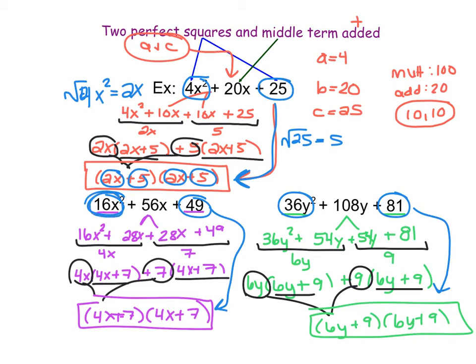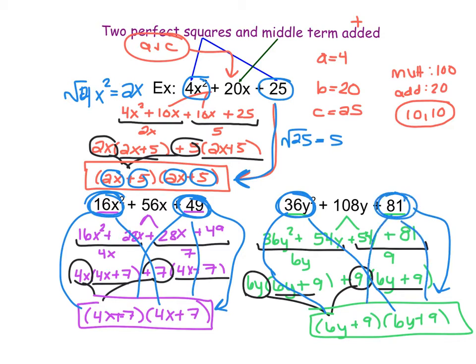The square root of 16x squared is 4x, first number in the parentheses. Square root of 49 is 7, second number in parentheses. Then if I look at the third example, square root of 36y squared is 6y, first number inside of the parentheses. Square root of 81, second number inside of the parentheses.